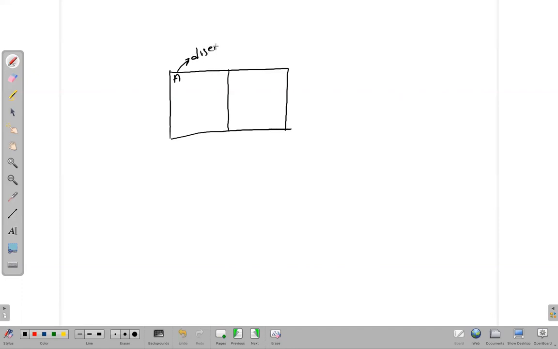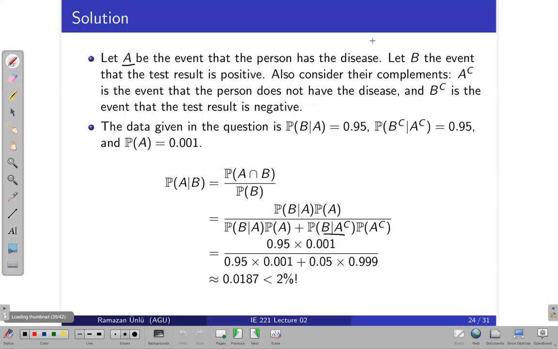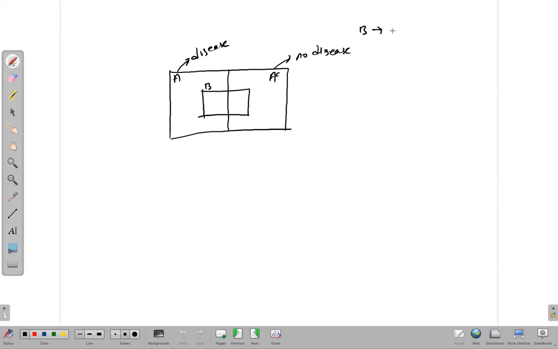This part is A complement, no disease. Let's say this is event B, and B is that the test result is positive.